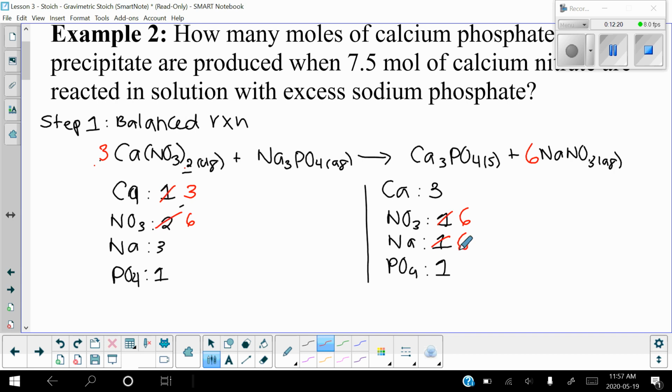Okay, now sodium isn't matching up, so I'm going to go back on my reactant side and put a coefficient of 2, because 2 times 3 gives me 6. Phosphate also, I now have 2. Okay, now my phosphates don't match up, so I go back on the product side and put a coefficient of 2.